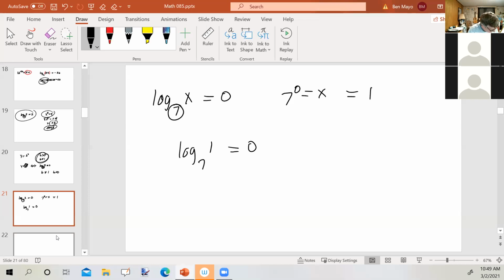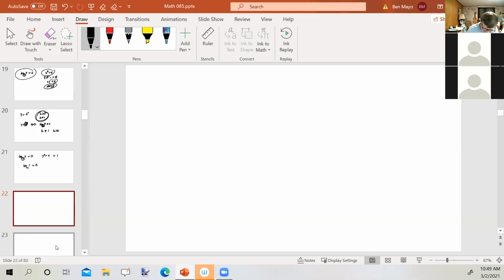All right. How about this? Log base 4 of 16 equals x. So this becomes 4 to the x power equals 16.